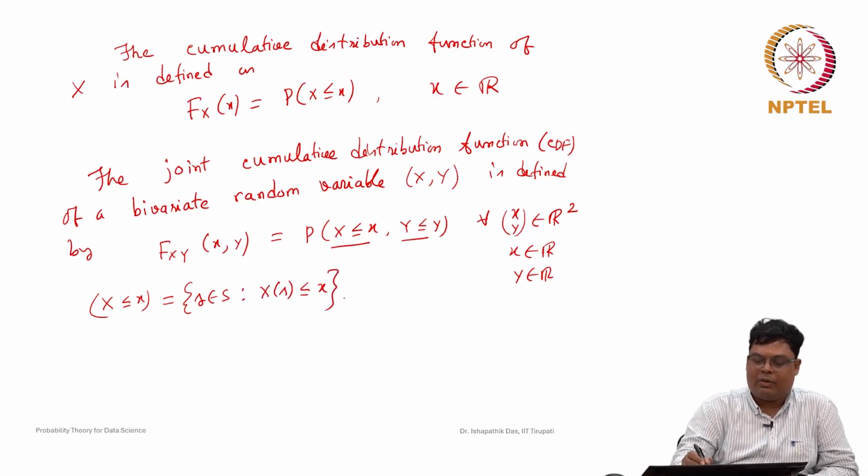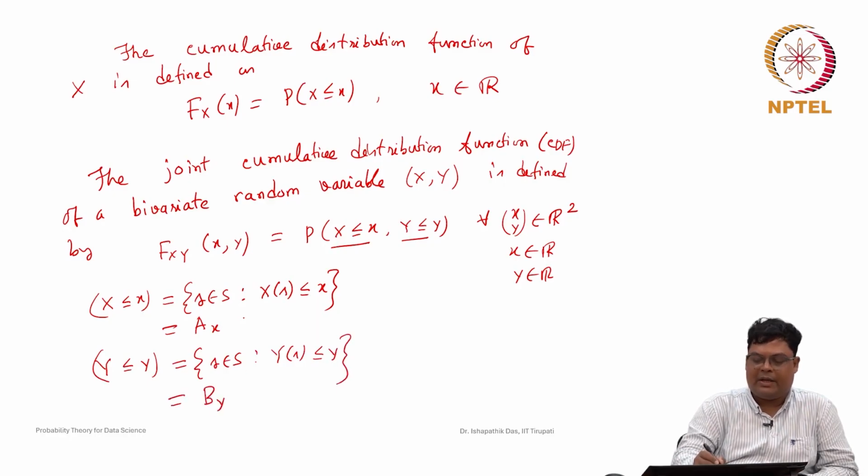Suppose we denote this event by A_x, because it depends on the function X. And Y less than or equal to y is again a subset of S, an event: all s belonging to S such that Y of s is less than or equal to small y. Let us denote it by B_y. It is a subset of S, so it is an event.